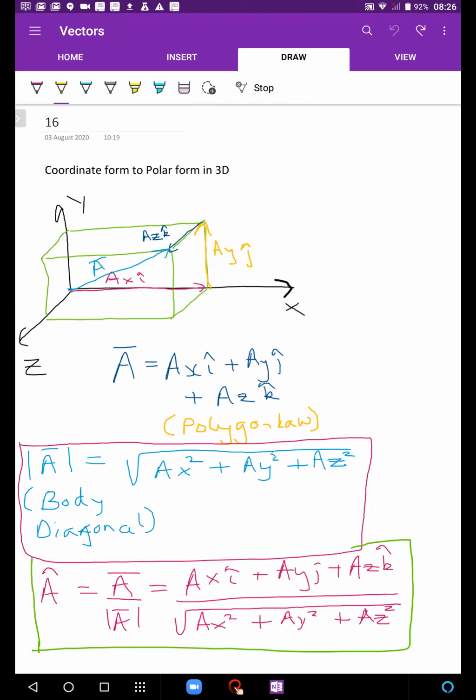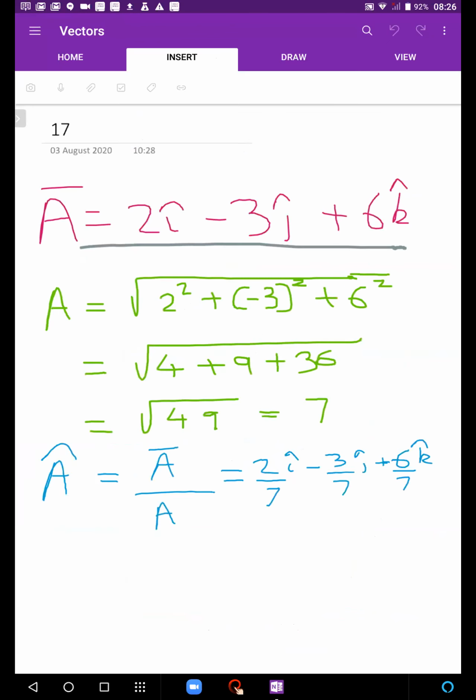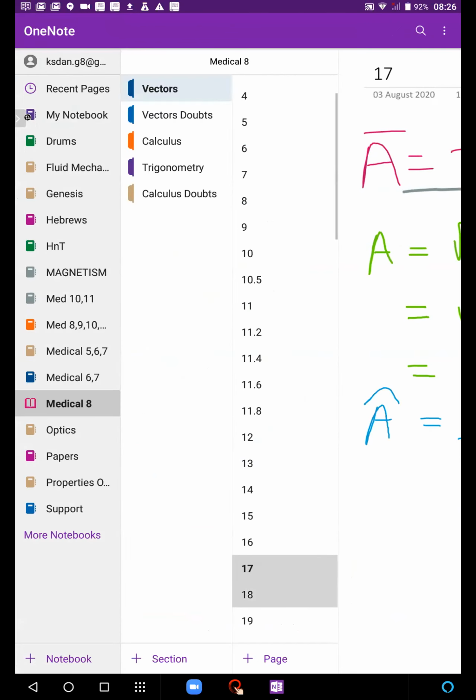Same direction as A bar but magnitude 1. A cap is in a way going to carry our direction for us. Done with this page? Let me know.